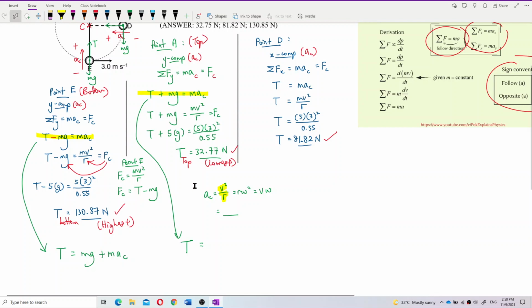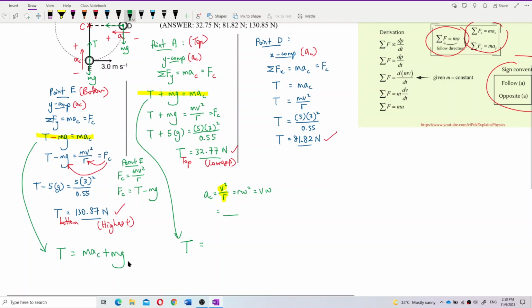Maybe I should rearrange the formula. So I put it as mac plus mg. You see that negative mg goes to the other side, becomes positive mg, isn't it?